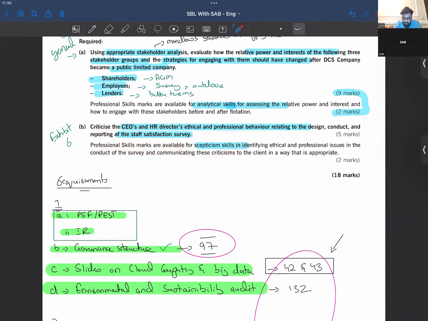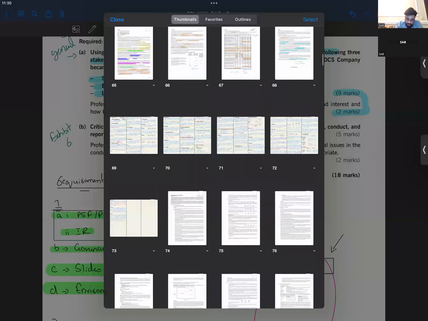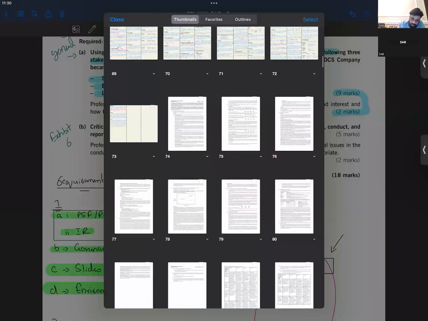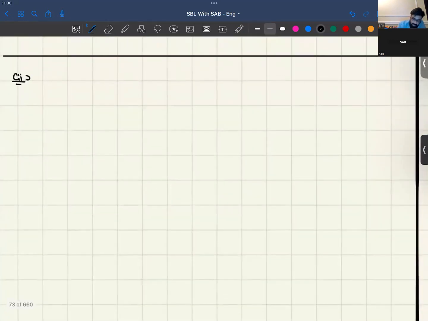So they have done something unethical. Whenever ethics is being asked, the best way to answer is the code of ethics. You must remember objectivity, integrity, professional behavior, professional competence, and confidentiality. So just follow that.